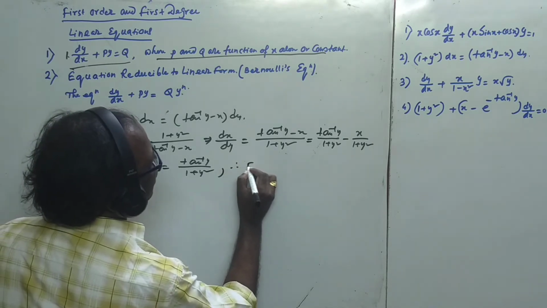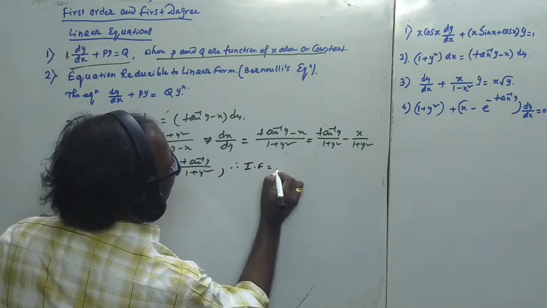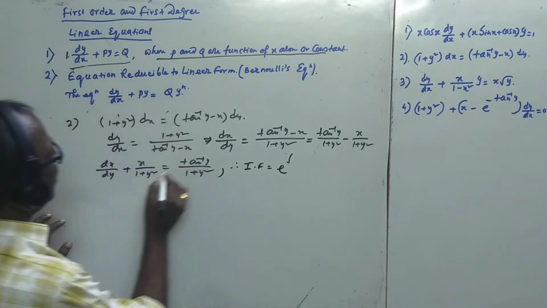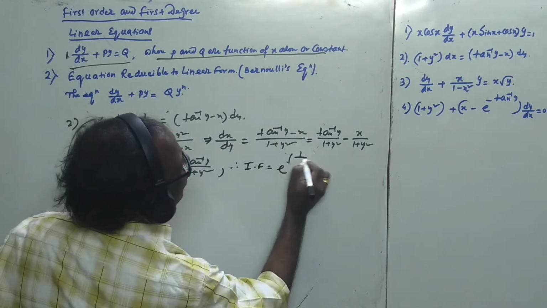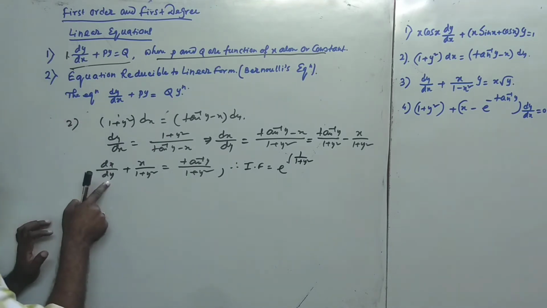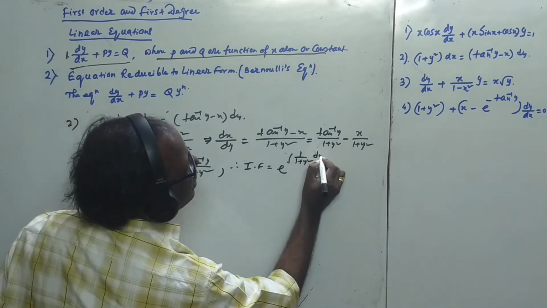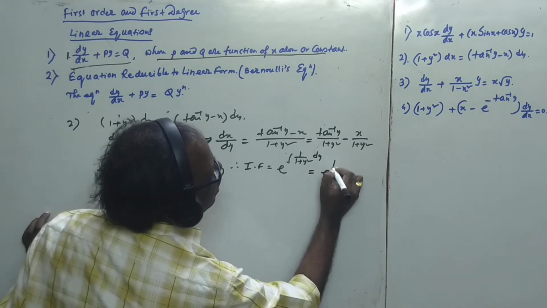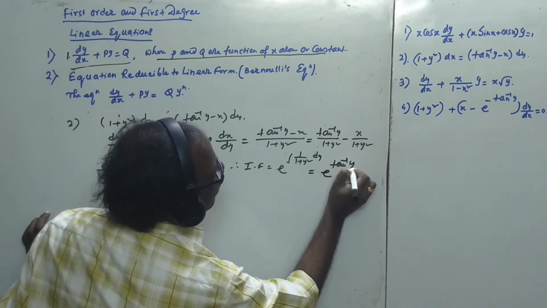Therefore, integrating factor is equal to e to the power integral p dx. P means here 1 by 1 plus y square, not dx, that is dy, as this is with respect to y here. This is equal to e to the power tan inverse y.